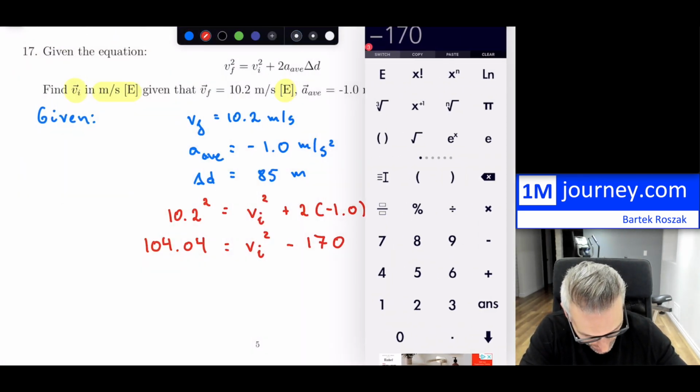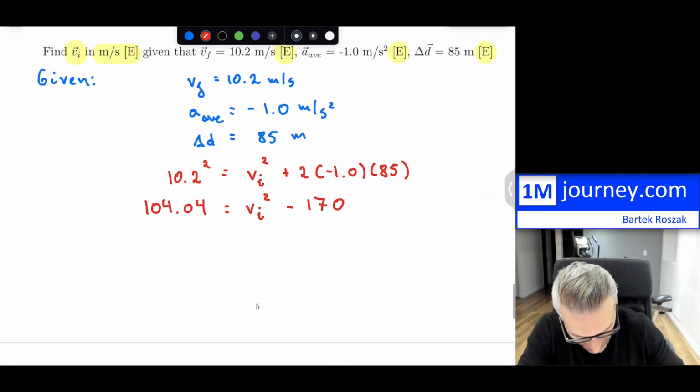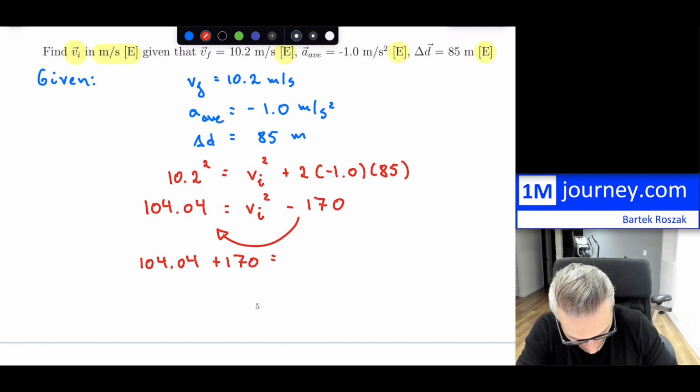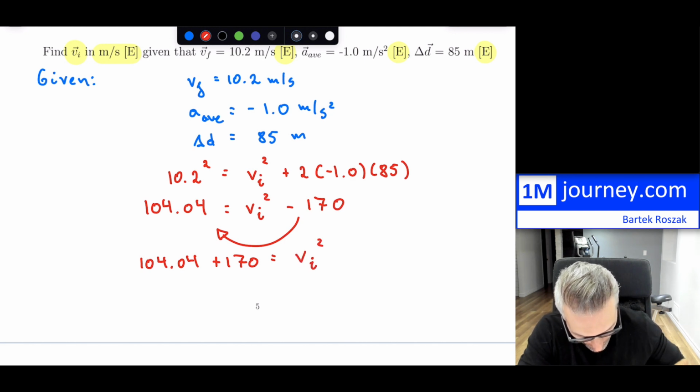Now, as you're progressing through this, let me shift this out of the way. We want to bring this over to the other side. So that's going to be 104.04. The sign changes, so this becomes positive. And then we have VI squared right there.